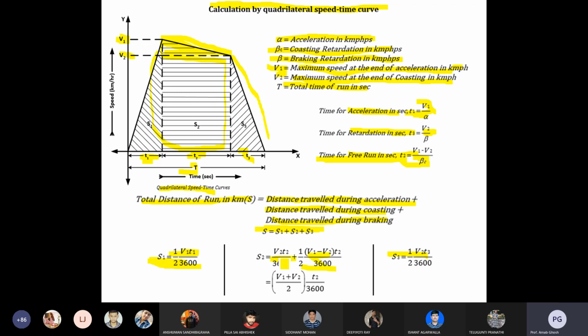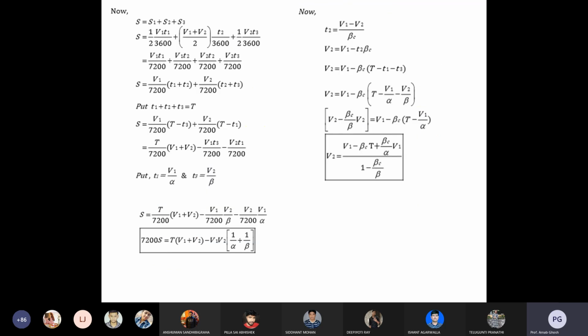I hope you are getting my point. Now you combine both terms and you get V1 plus V2 whole divided by 2, into T2 divided by 3600. So you get the values of S1, S2 and S3. After replacing them, you get the value of S and finally the equation.